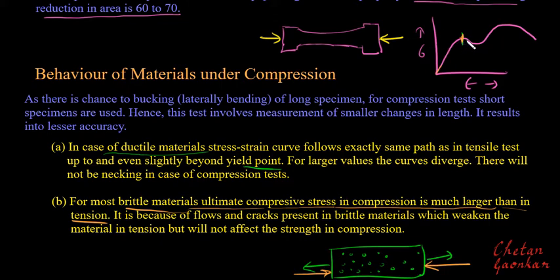So for us, it won't make much difference if our material is subjected to tensile or compressive loading, because within the elastic limit it will behave exactly the same, whether compressive or tensile. So in this course it won't affect us in any way, and we will still use the relation that stress is proportional to strain.